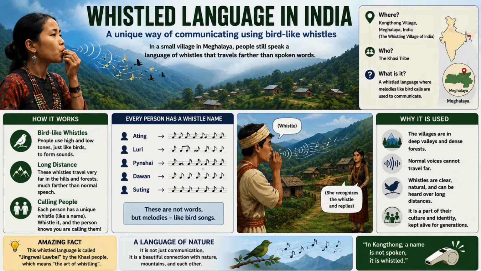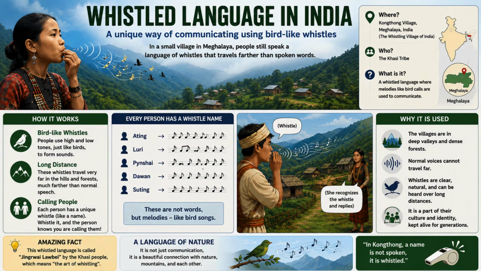People didn't always use written codes to send secret messages. Sometimes they didn't even use words. One fascinating example is whistle language. In India, there is a place called Kongthong village in Meghalaya, often known as the whistle village. The Khasi tribe communicates using unique whistle melodies. Instead of speaking a person's name, they whistle a special tune.